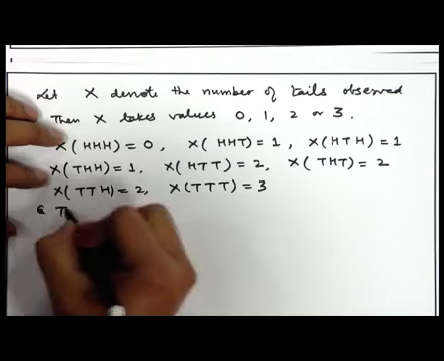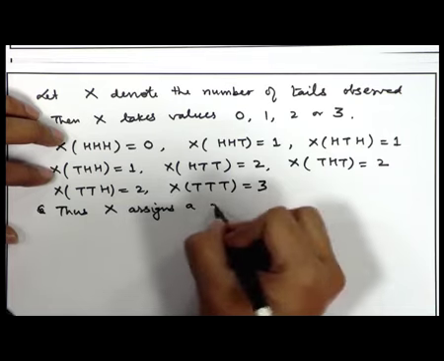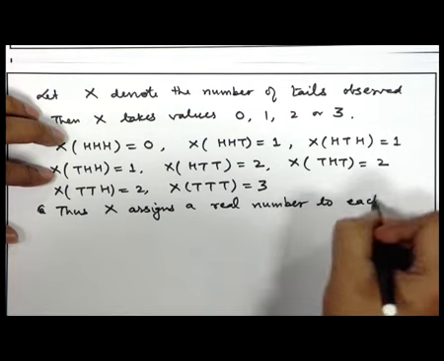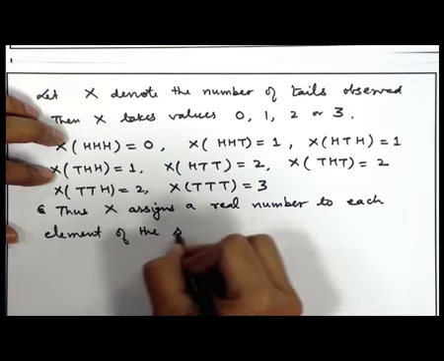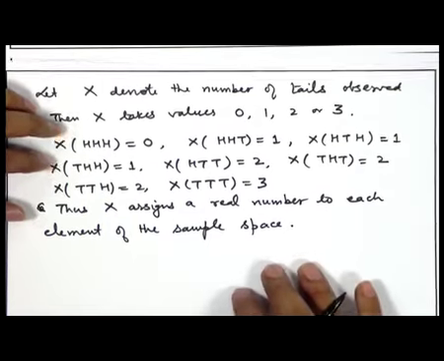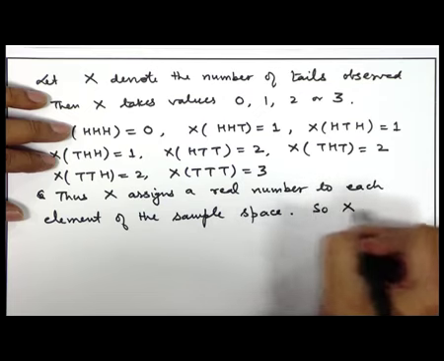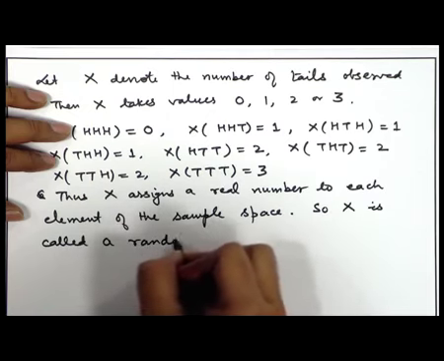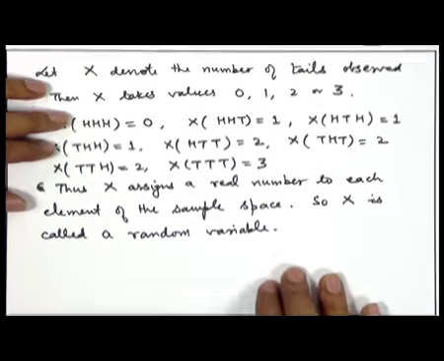Thus, x assigns a real number to each element of the sample space. So, x is called a random variable. So, let me give a formal definition of the random variable.